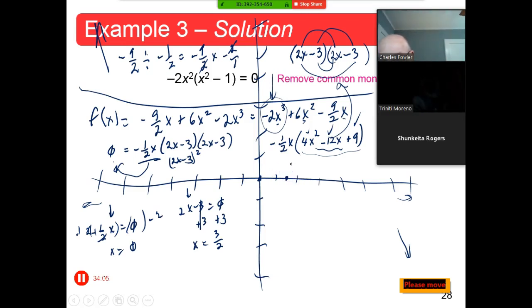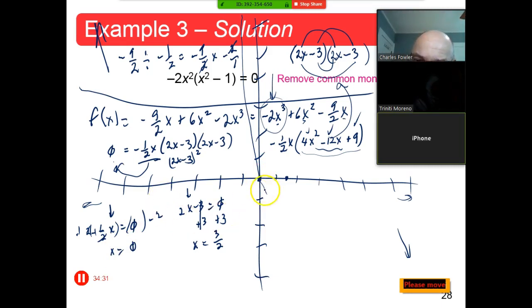Okay? Now, I contend these are your only zeros for this function. So I contend we know exactly where this function is going. It's starting over here from way up high. Okay? And then it's coming down and has to pass through 0. Now, because that's a single root, it passes through 0 without stopping. Just goes right through.